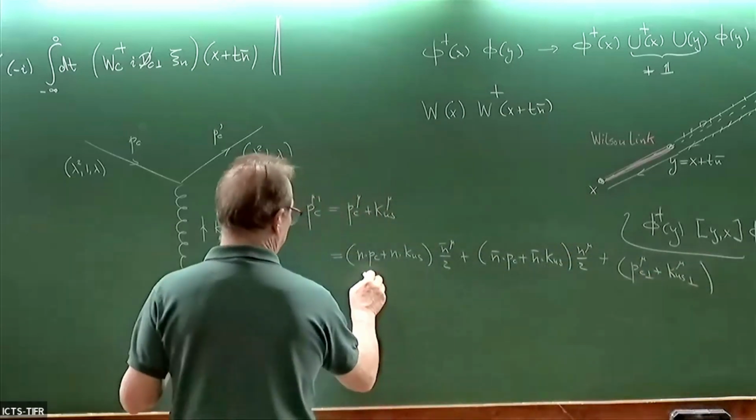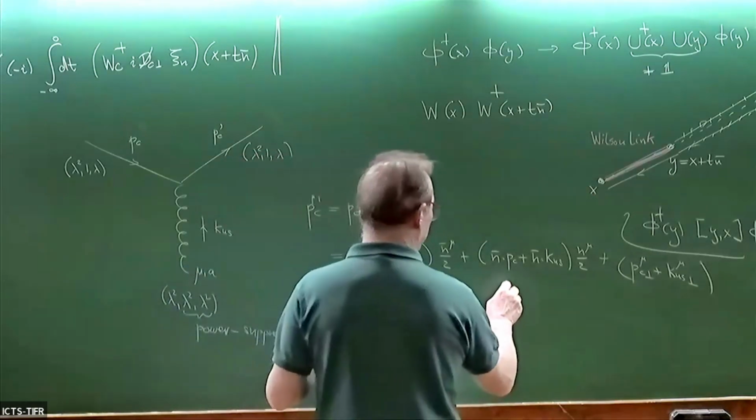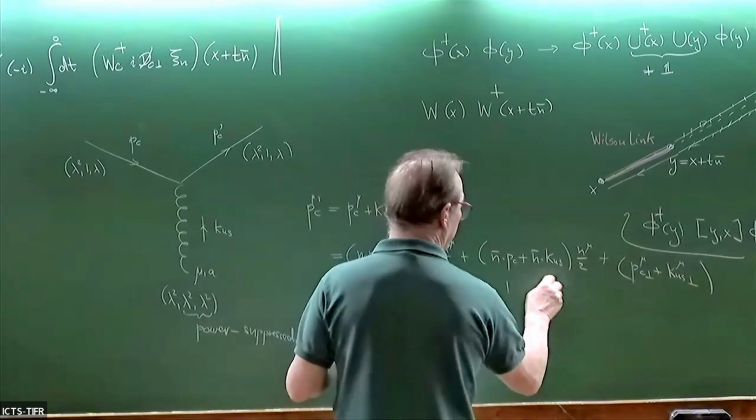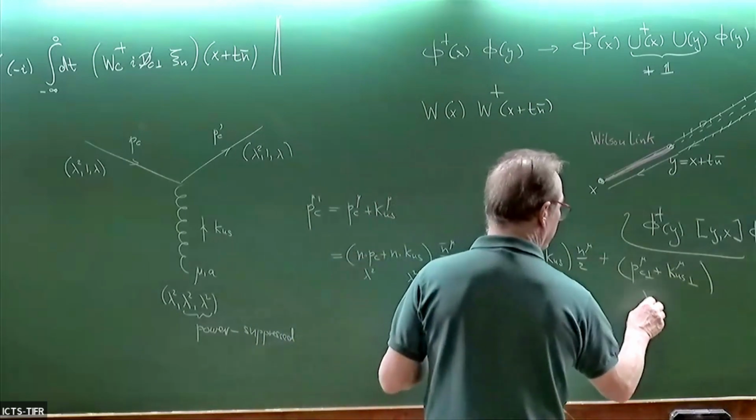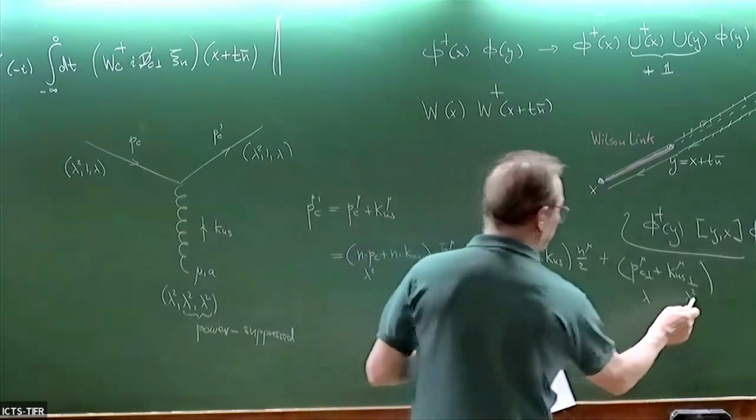And of course, this is order lambda squared, this is order lambda squared, so here all things are good, but this is order 1, this is order lambda squared, this is order lambda, this is order lambda squared. So really, those guys, I should expand them.